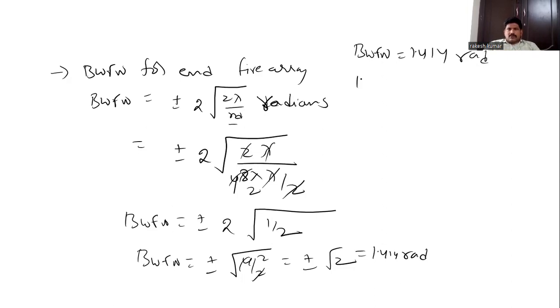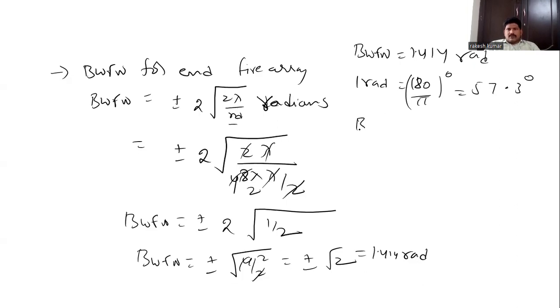We know that 1 radian is equal to 57.3 degrees.